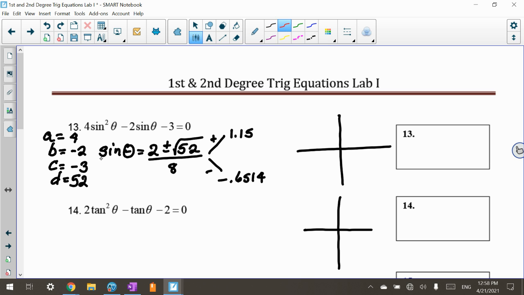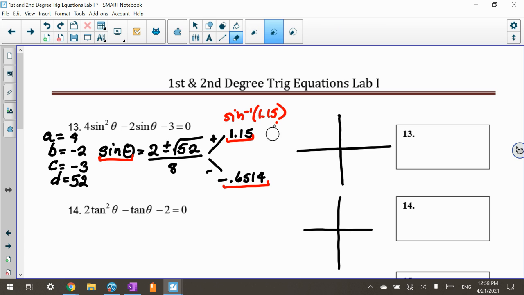So really you have sine of theta equals this, and sine of theta equals this. Let's start with this one first. When I do inverse sine of 1.15, I get an error because remember, the highest sine and cosine go is 1, and the lowest is negative 1. This one's over that, so it doesn't exist. So this is the empty set. This is like, thanks for playing, but I don't need your help.